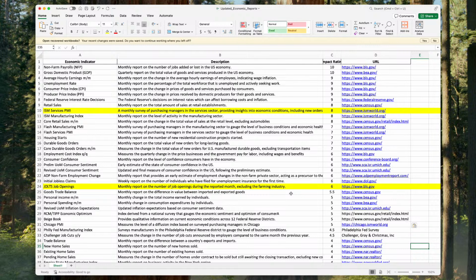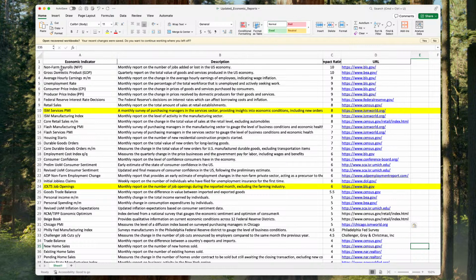Here at 0DTE, we're a pretty adroit study of these reports. We want to know their potential impact, not only the top line numbers, but also the bottom line numbers. And it's an important piece of data for any options trader that's trading 0DTE. You need to understand how these reports can affect your trading day.